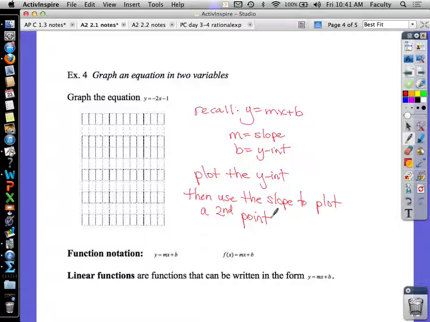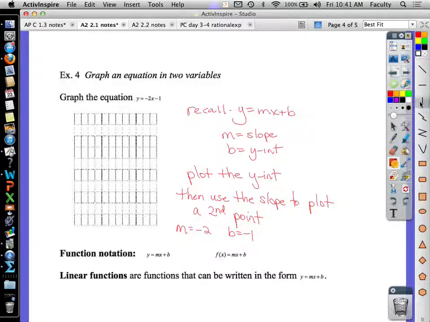All right, so Jasmine, what's the slope in this equation? The slope is -2. Good. And Carmel, what's the y-intercept? -1. Good. Okay. So let's go ahead and make a grid on here.